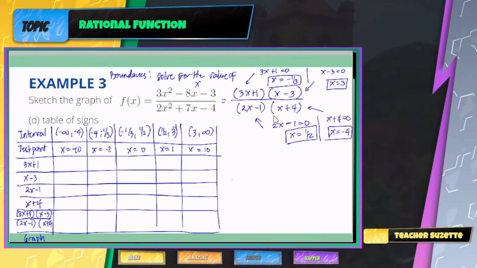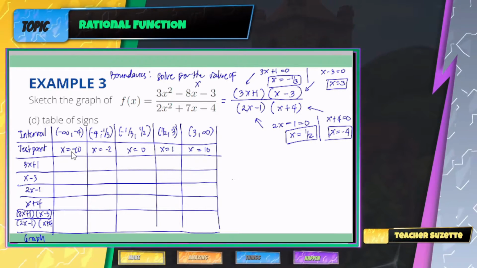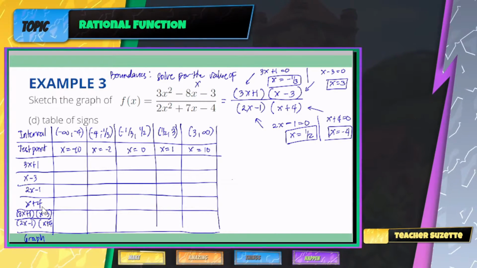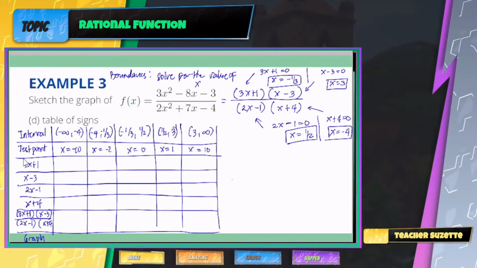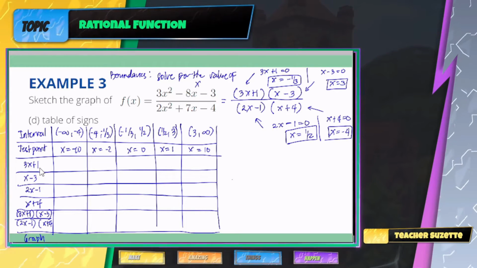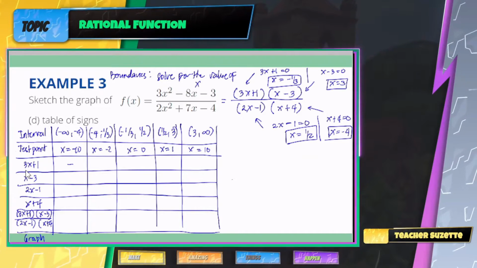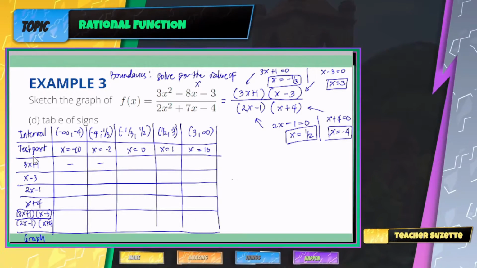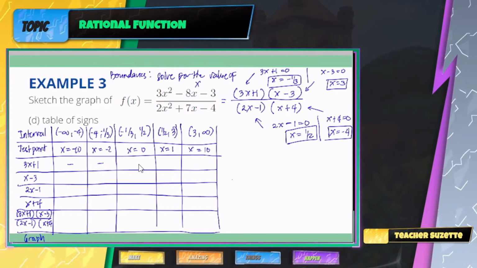Then, kapag below, negative. Now, let's evaluate na po when our x is negative 10 dito sa ating mga factors. So, negative 10, when we substitute it in 3x plus 1, you will have negative sign. Negative 2, substitute. Answer, negative. 0 times 3 plus 1, answer, positive.